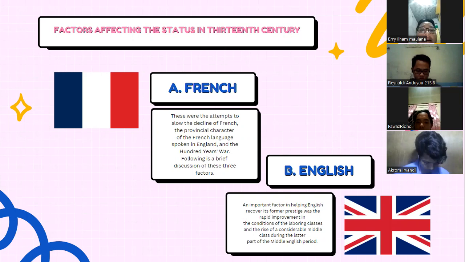Factor 1, the attempt to slow the decline of French. In the last decade of the 13th century and the course of the 14th, the French language was losing its hold on England. Evidence for this is seen in the measures adopted to keep it in use, especially when the tendency to speak English became stronger in the two most conservative institutions, namely the church and the universities.